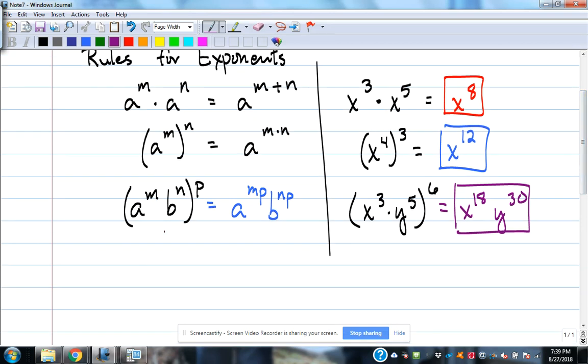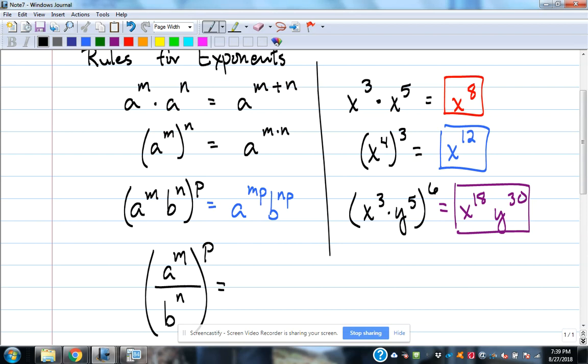Here's another extension of the power rule. If you got a fraction in there, say we had a to the m or b to the n, and then some exponent on the outside. It's still the same rule as this one. It's like distributive property, but it goes to the top and the bottom. Just like this P went to both pieces here, it's going to go to both pieces here.